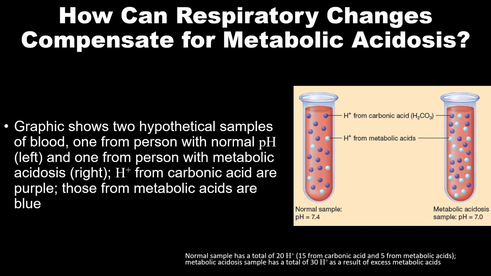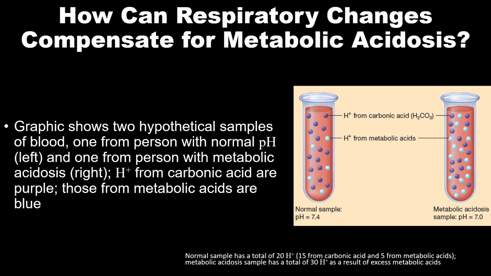So if you take a look at the following graphic here, you'll see two hypothetical samples of blood, the one on the left is a normal pH, and the one on the right is a person suffering from metabolic acidosis. You see the purple hydrogen ions, and those are from carbonic acid, and then you see the blue metabolic acids, and those are the hydrogens from metabolic acids.